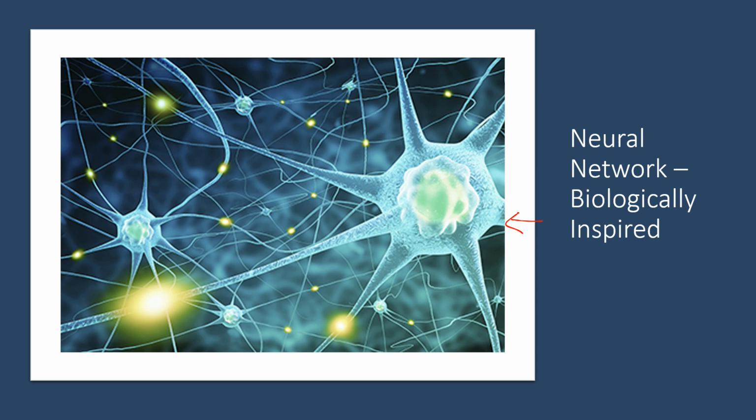These neurons are connected to one another with axons and dendrites, and the connected region between these axons and dendrites is referred to as synapses. Again, I'm not going into the details of the technical terms. What I'm saying is that this biological mechanism is simulated in certain ways in the neural network, because that also comprises these computational units that are sometimes referred to as neurons, and that's where the name neural network comes from.